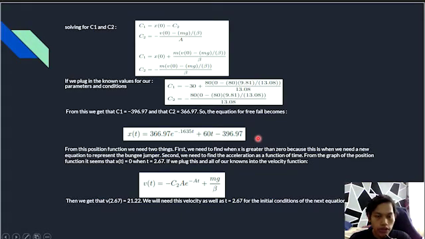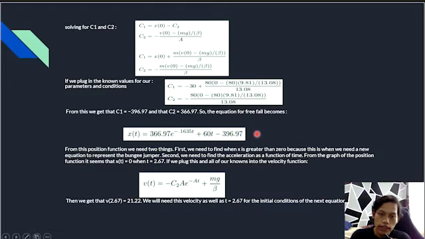From this position function, we need two things. First, we need to find when x is greater than 0, because this is when we need a new equation to represent the bungee jumper. Second, we need to find the acceleration as a function of time. From the graph of the position function, it seems that x(t) equals 0 when t is 2.67 seconds.